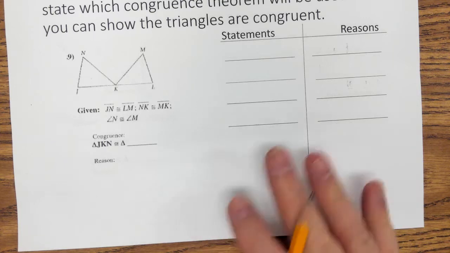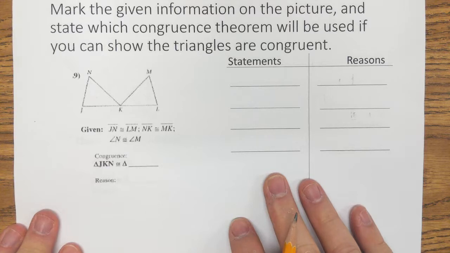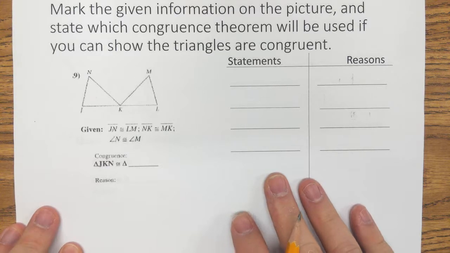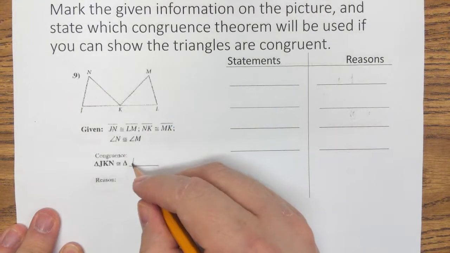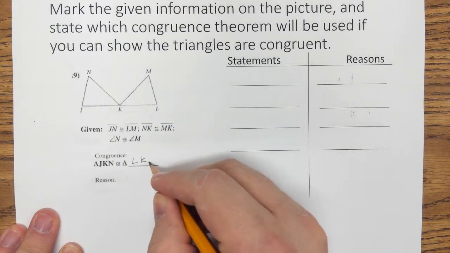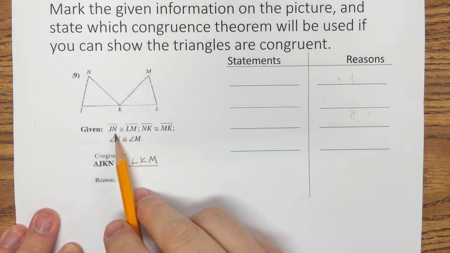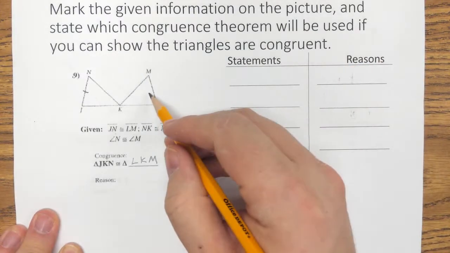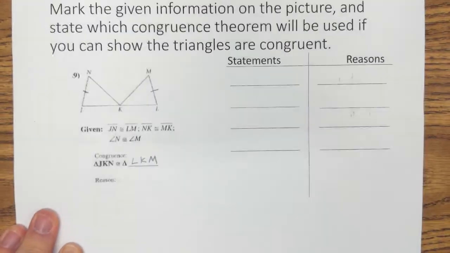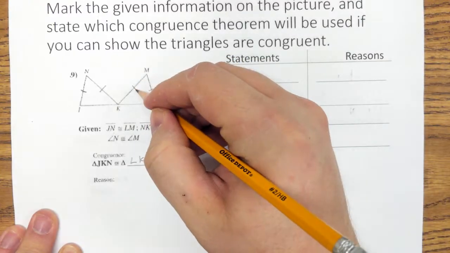I'm going to mark the information in the picture, and then we'll state which congruence theorem we're going to use. So we're proving that JKN and LKM are congruent to each other. Let's look at this. JN and LM are congruent. It gives us that NK and MK are congruent.